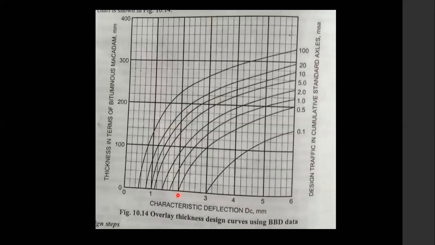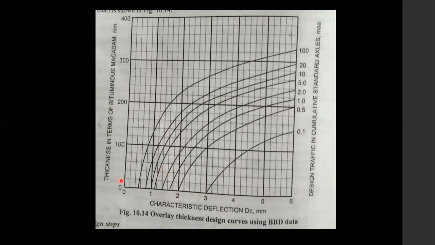Assume DCM value is 2, and traffic or CSA value is 0.5. Take it here. Okay, and you will be obtaining some curve. Just extend it to the y-axis, and we will be getting some thickness. Extended to this graph, we will be getting here, and extending it to the y-axis, we will be getting 80 or 90 thickness. You solved it using the graph.